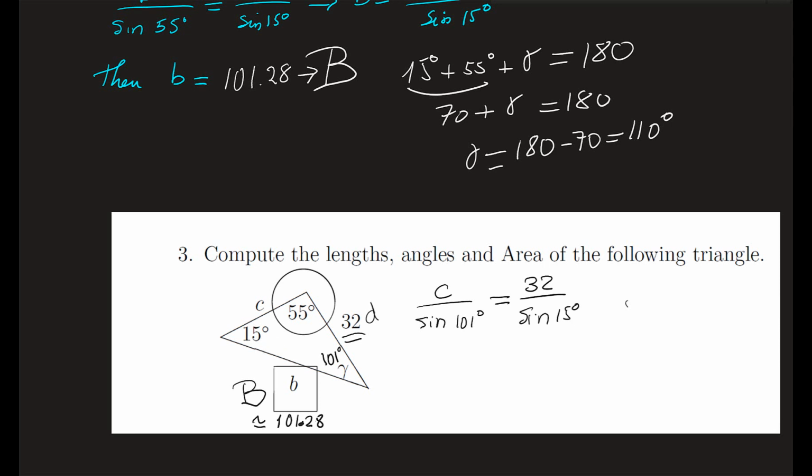And then again we have C equal to 32 times sine of 101 degrees divided by the sine of 15 degrees.